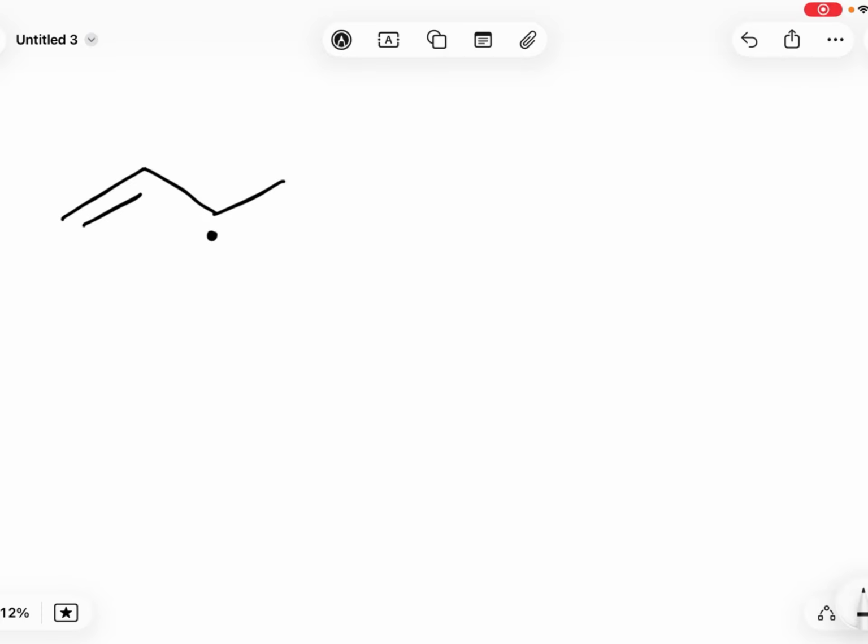So you can also have resonance structures with radicals, and if you haven't learned about radicals yet, I'll probably make a video on radicals at some point here. But essentially it's sort of in between a carbocation and an anion, in the sense that this carbon atom right here has 7 electrons, so it has a CH bond contributing 2 electrons.